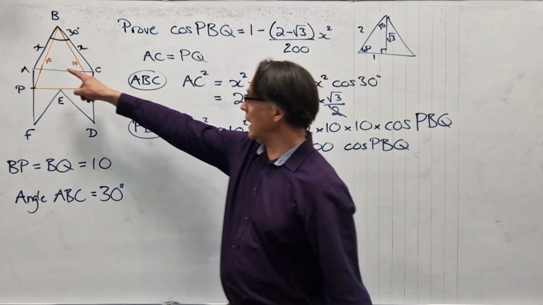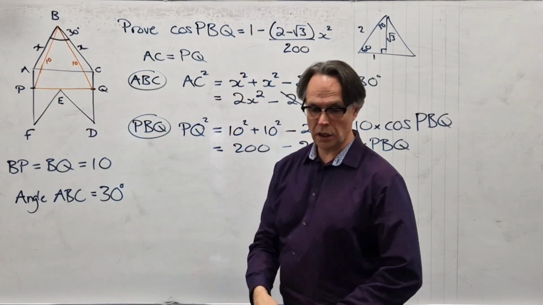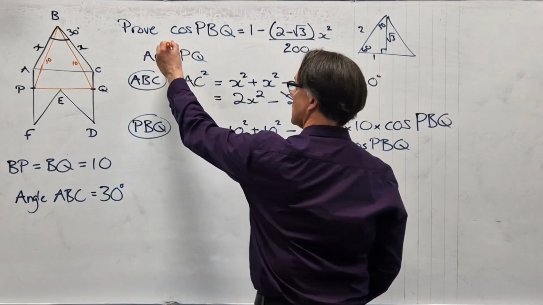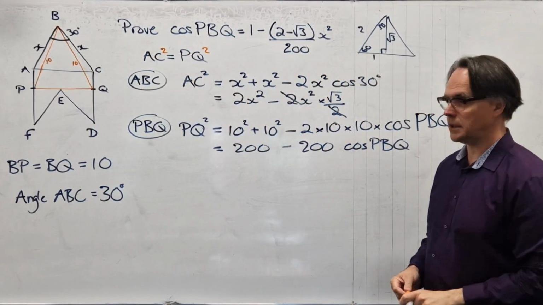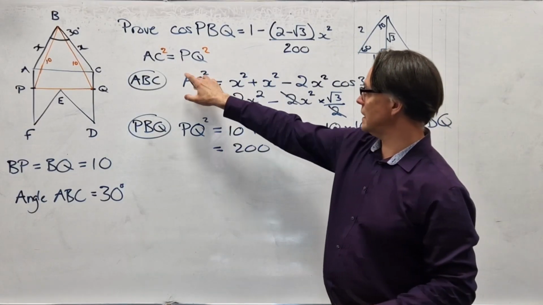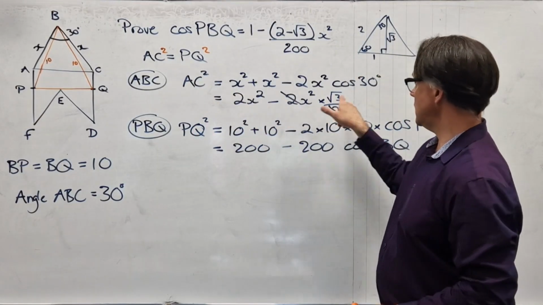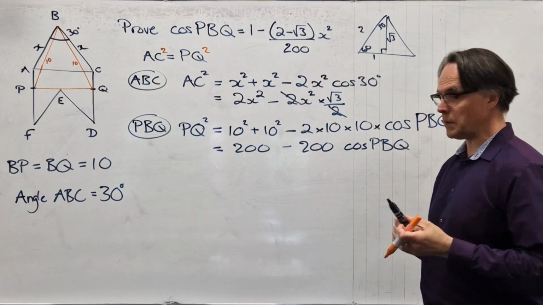Right, now, if AC is equal to PQ, then we can say that AC squared is equal to PQ squared, can't we? So if that is equal to this, then this is equal to this. This is where we're going to go with this.